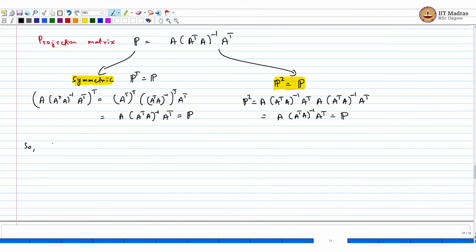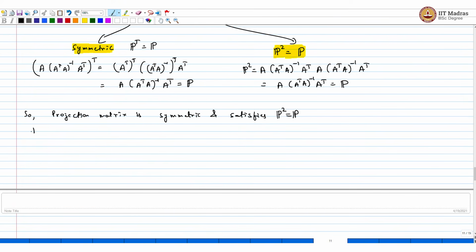So what we have is that a projection matrix is symmetric and satisfies P squared equals P. Now the converse is also true.